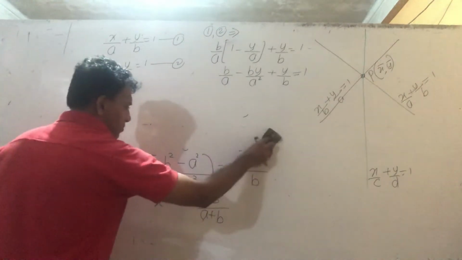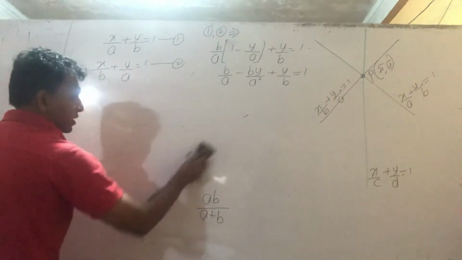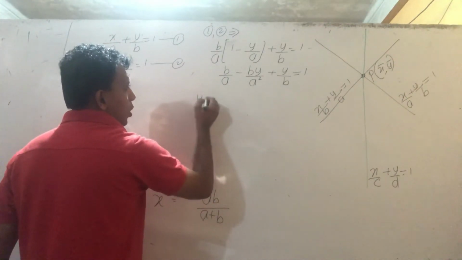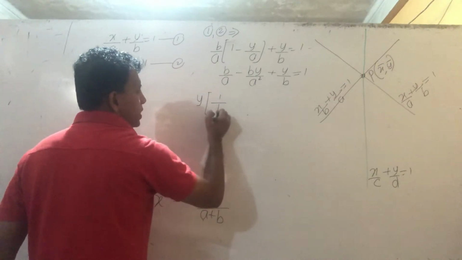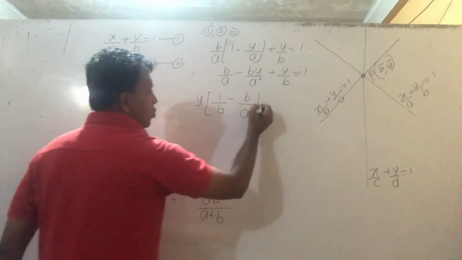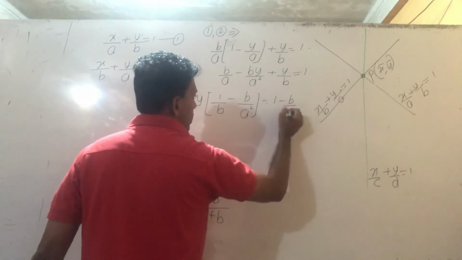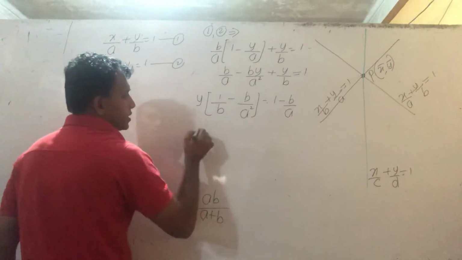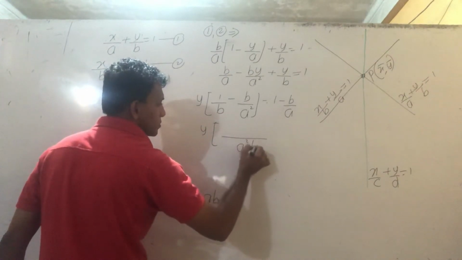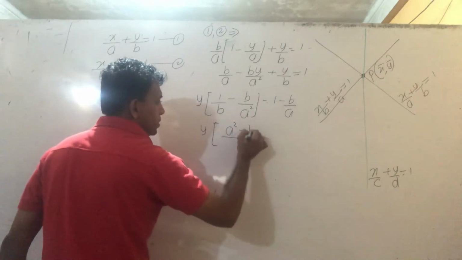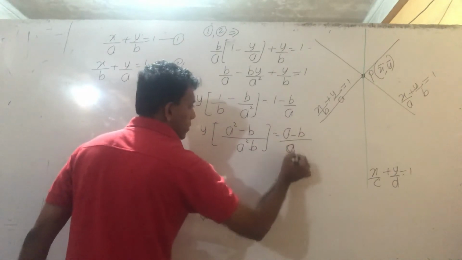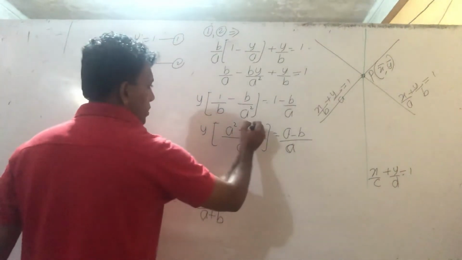So the same answer comes. Check, simplify, it becomes the same solution, the same coordinate, both equal. If I rearrange and take the Y out, 1 over B minus B over A square equals 1 minus B over A. Simplify this Y, the LCM is A square B: A square minus B square over A square B, and here A minus B over A. So one A cancels with B square, check that.